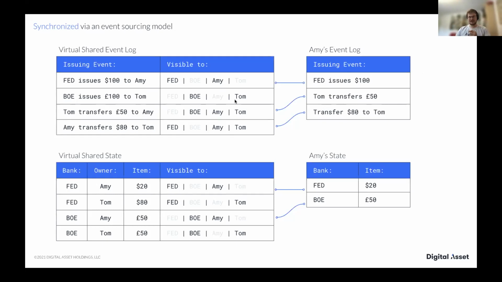And from those event logs, both the concrete local version as well as the reconstituted virtual version, you can get to the system state, right? From the issuance and transfer events, you can get to balances, both in terms of the local view as well as a consistent virtual global view.